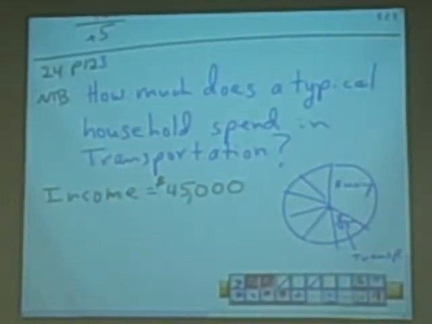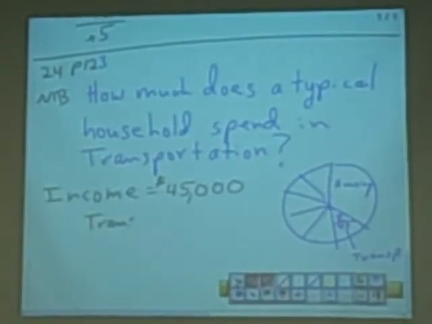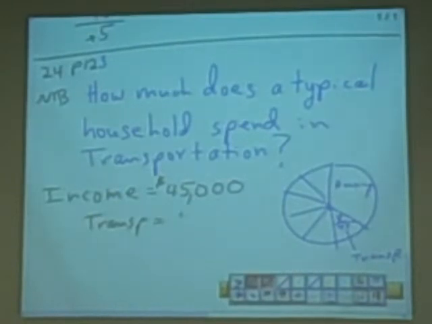And we want to find the amount of money that a typical household in the United States spends for transportation. And we said that transportation is 8/45 of the total budget.